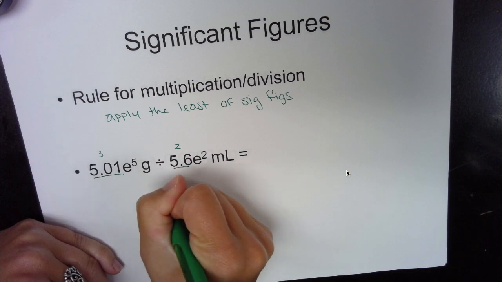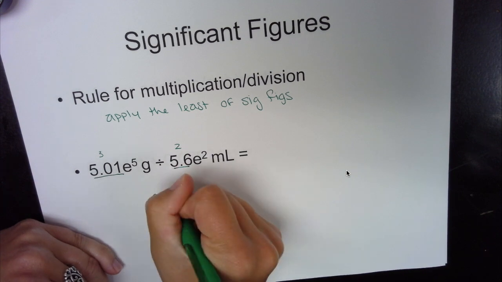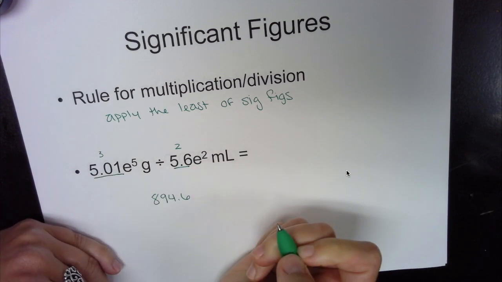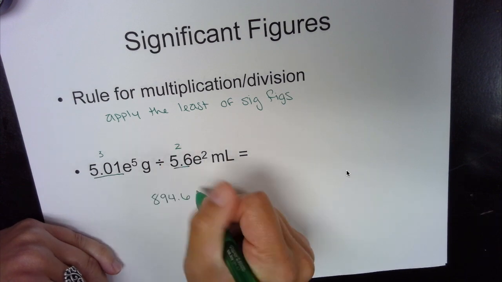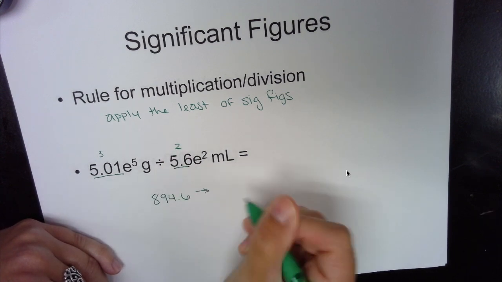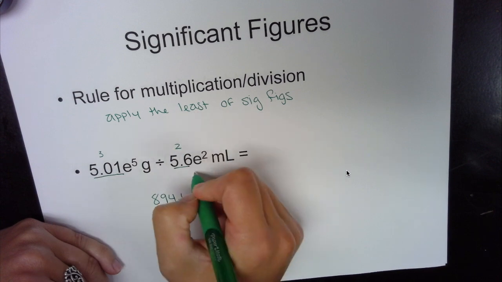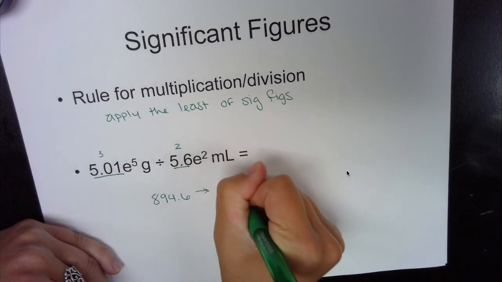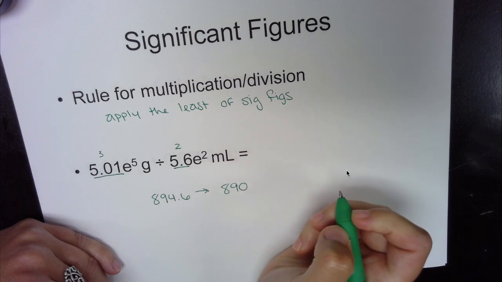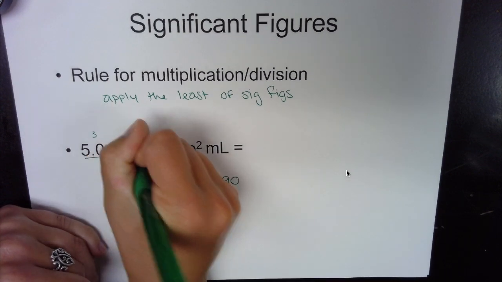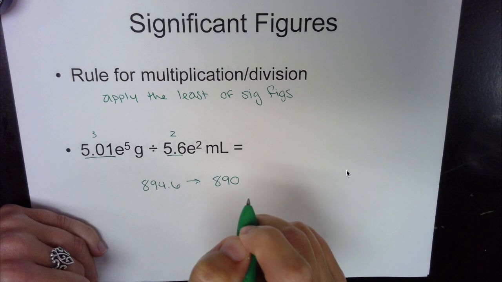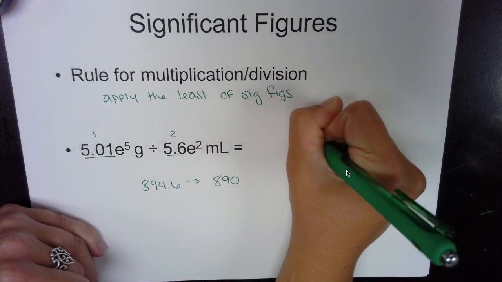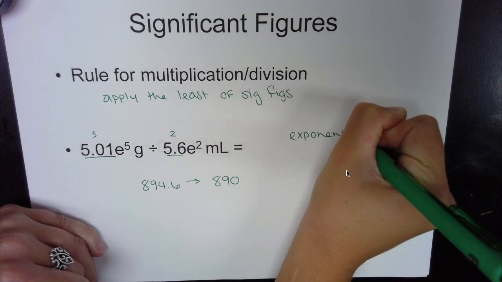You should get an answer of 894.6. Okay. But because we only want to keep 2 sig figs, apply the least number of sig figs, then our answer would be rounded to 890. Your exponents do not count for sig figs. Exponents do not count.